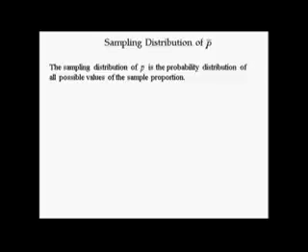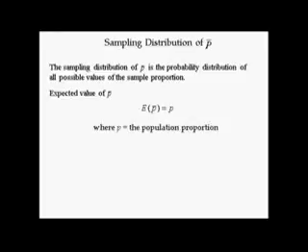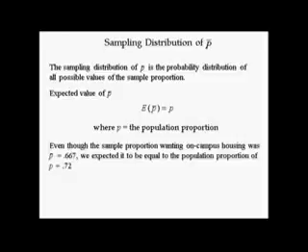The sampling distribution of the proportion, p bar, is the probability distribution of all possible values of the sample proportion. The expected value of the sample proportion, p bar, is the population proportion p. Recall the St. Andrews College example.